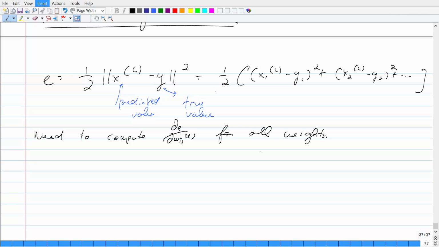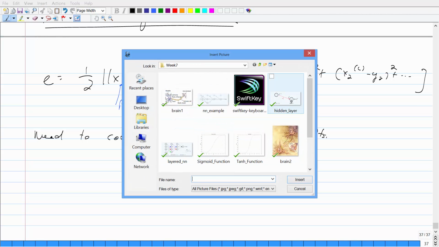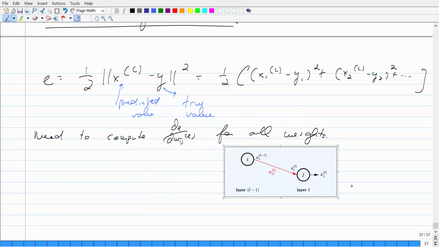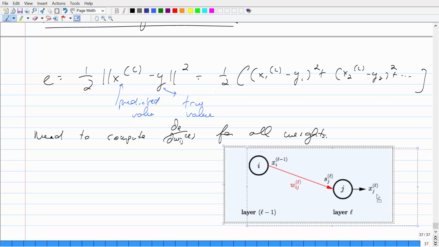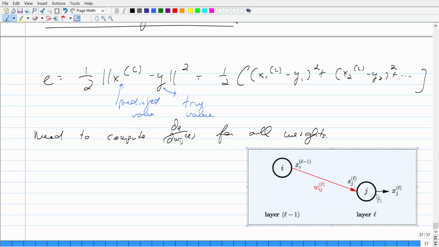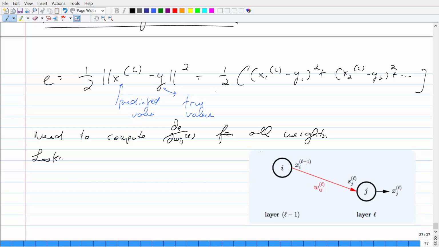Okay, so let's take a look at this diagram one more time. This diagram will really help us to figure out how we can do this. If we take a look at a node, when you decide to change the weight, what gets affected is just the input.